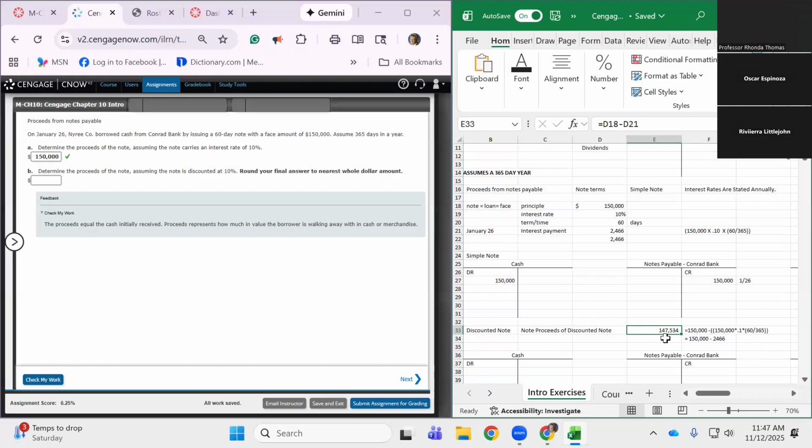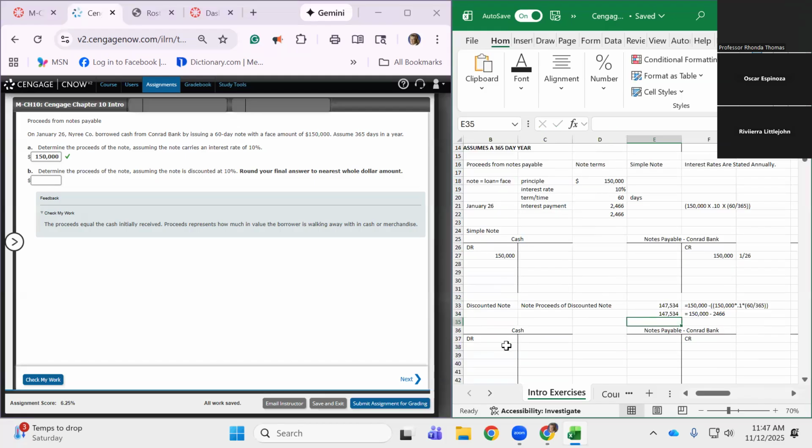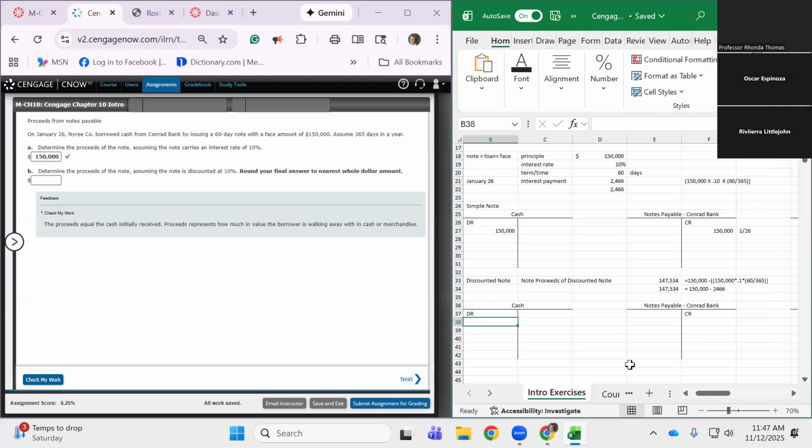That is what we're getting. So the proceeds. So are these notes the same? The answer is no, they are not. So the cash we're going to receive is $147,534 for a discounted note.